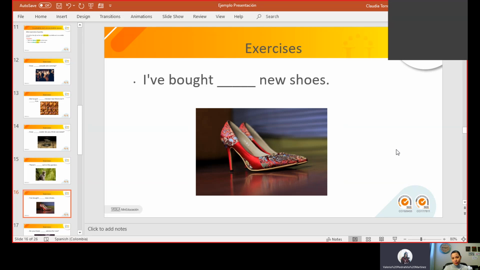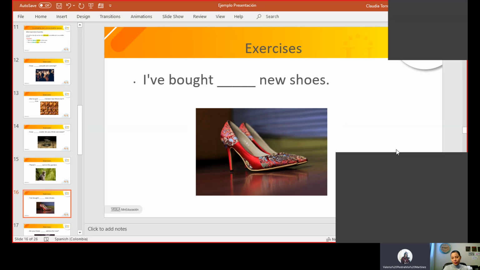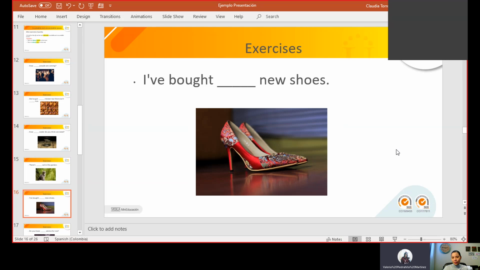I've bought new shoes? Are you sure? Shoes is plural. It's countable, but it's plural. Ah, that's true. Some new shoes. Yes.